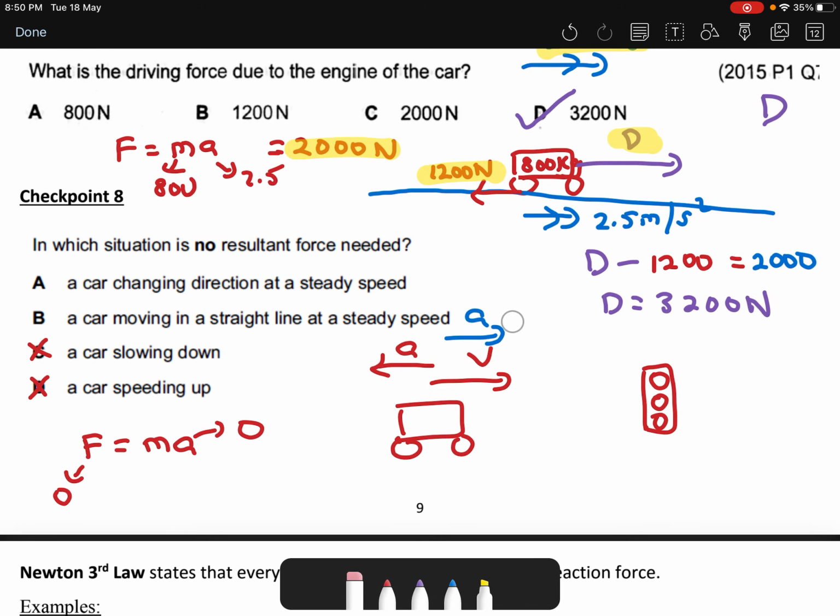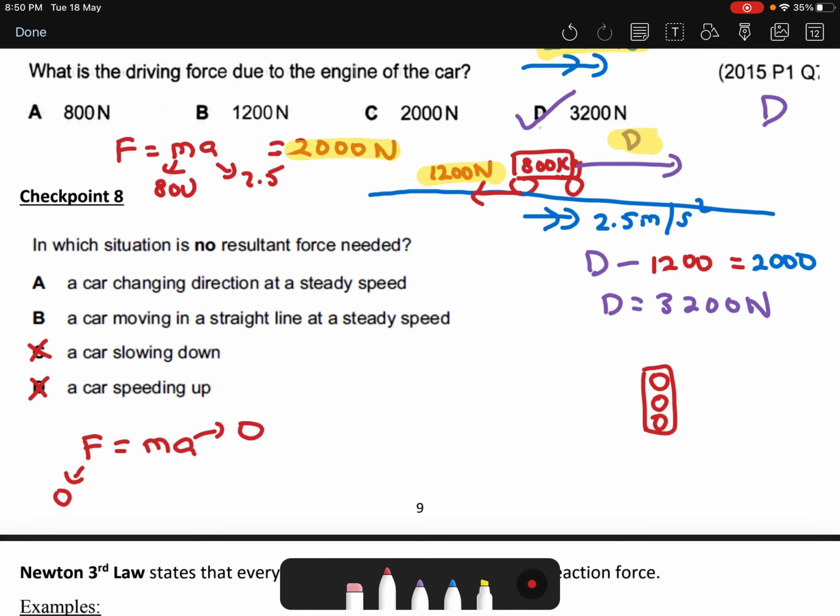The similarity between A and B is that for A, the car is moving in a circle, so you are going around a circle. For B, your car is moving in a straight line at a steady speed.